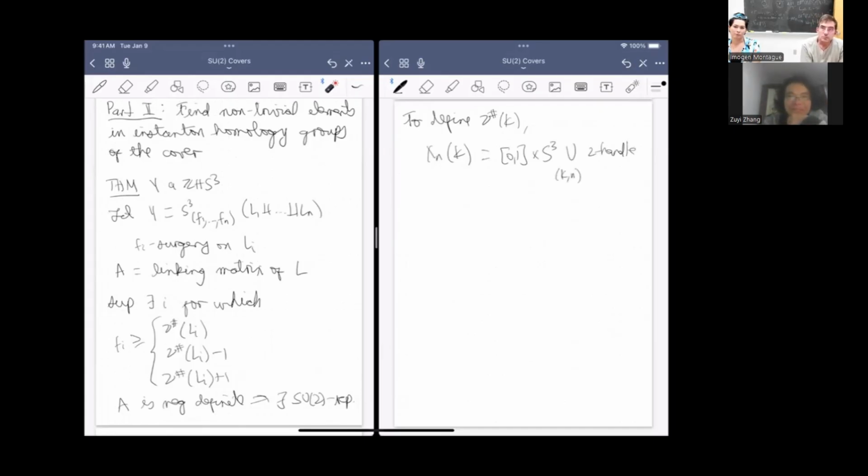And so this is a cobordism from the 3-sphere to precisely n surgery on the knot K.